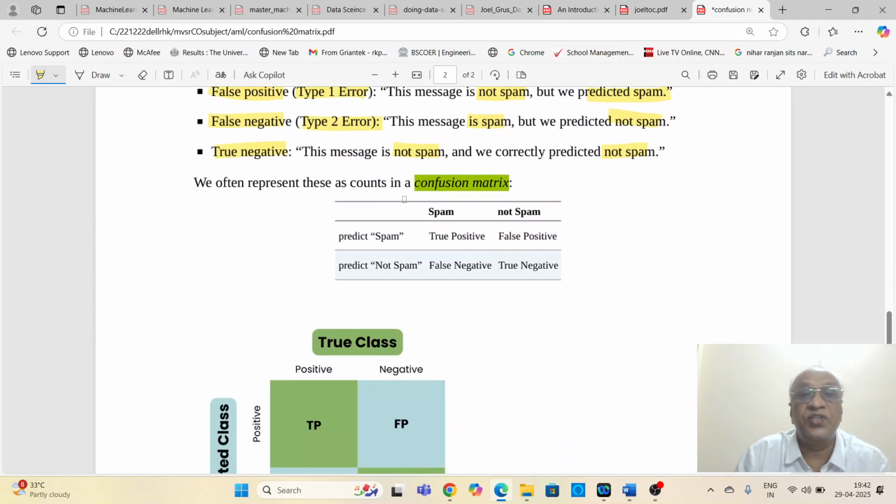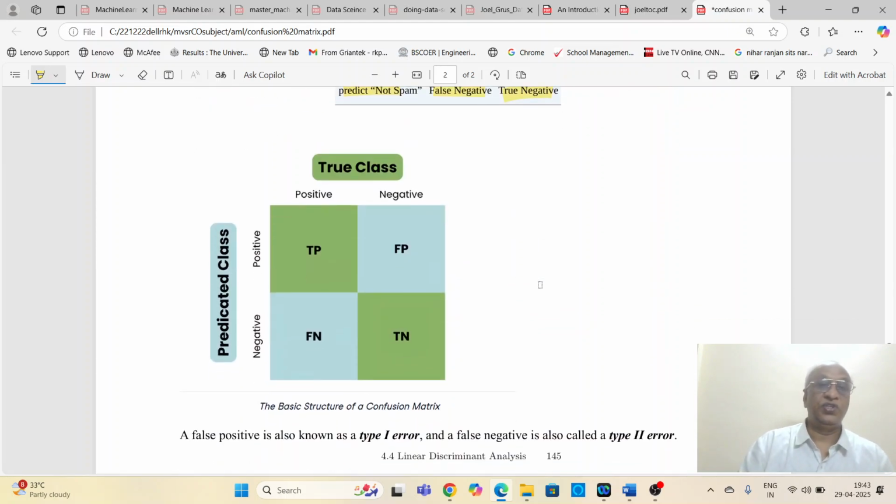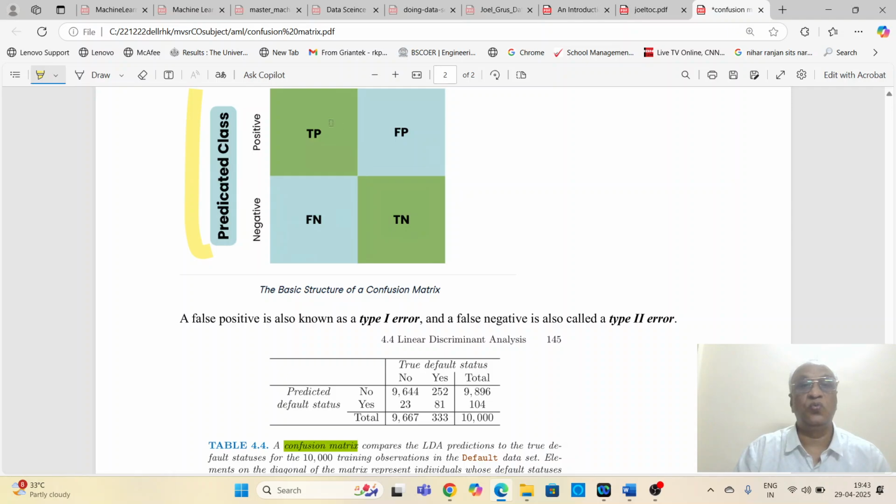This is how you put together your confusion matrix: you have actual spam and not spam emails, then predicted spam and not spam. So now you know what true positive, false negative and true negative are.